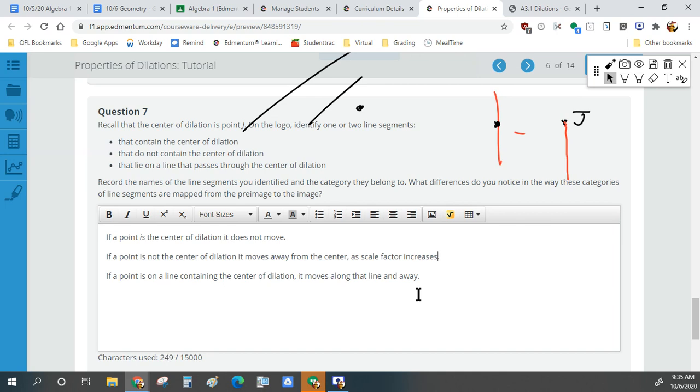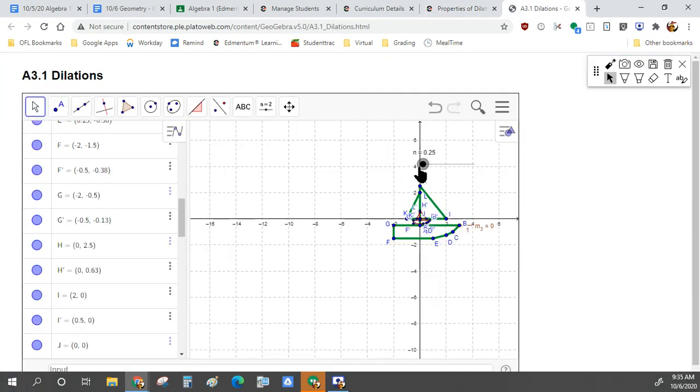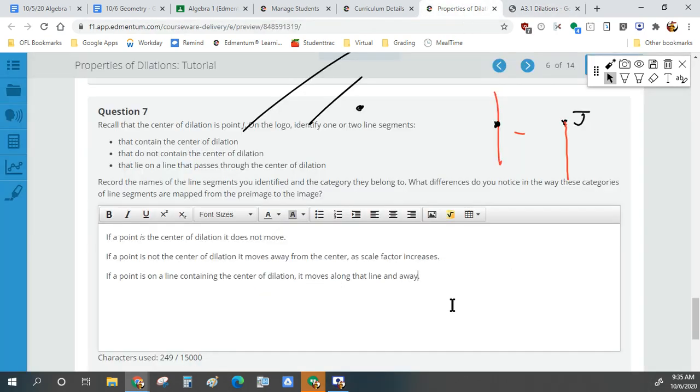You can say it moves closer as scale factor decreases, because if the scale factor is decreasing, it gets closer to the center of dilation. I just like saying away because usually when we use scale factor, it makes it bigger.